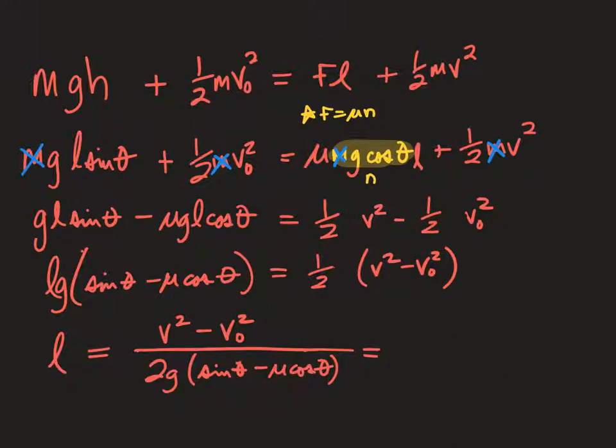So if we put the data in from this problem, we will get a length of 67 meters. And this implies, if you do that times the sine of 25 degrees, that the height of this ramp is 26.1 meters.